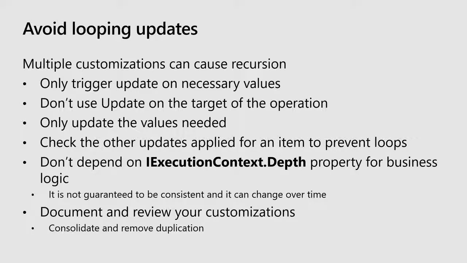The key thing that I want to call out to folks is to make sure that you understand this is not guaranteed to be consistent. It can change over time. The implementation that's done upstream could be very different. So you can't make that criteria for your business logic.